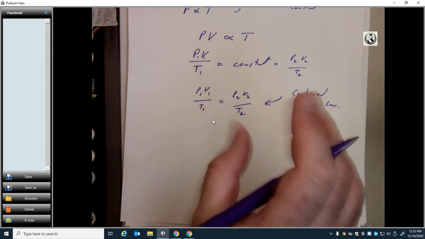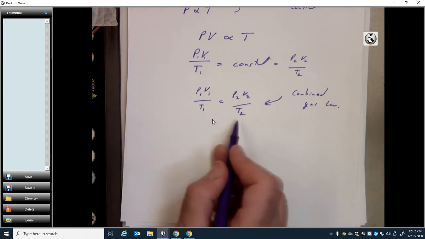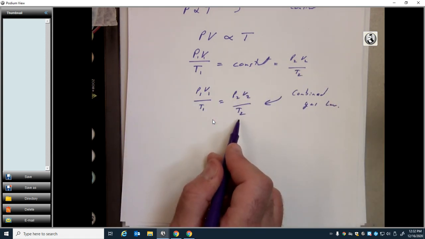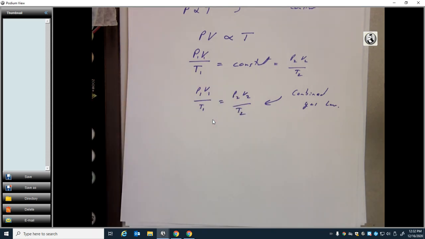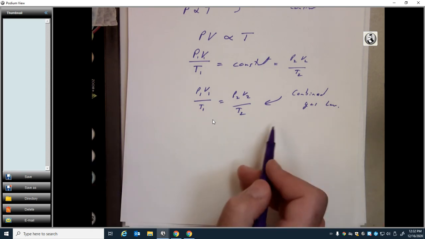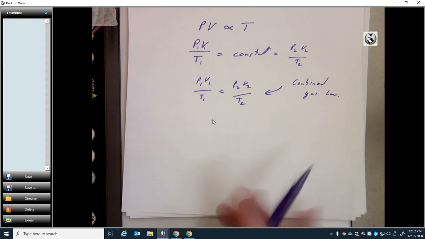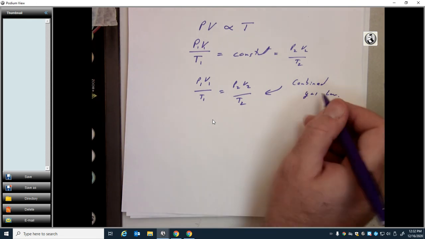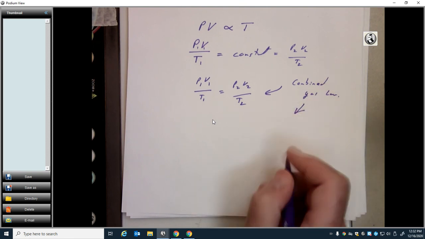Now, in the combined gas law, you've got to remember, we can't vary the number of moles of gas. The amount of gas has to be constant. Well, is there an equation that relates all of these? And that's yes.